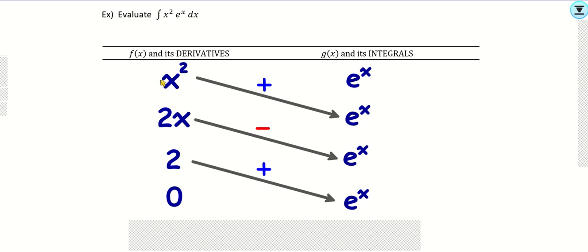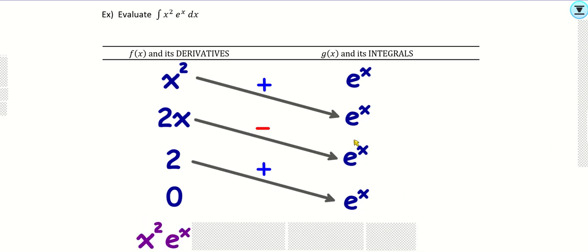So x squared hooking up with e to the x, along with this positive sign, so it's a positive sign when you multiply these two together. And so you get positive x squared e to the x from these two hooking up.